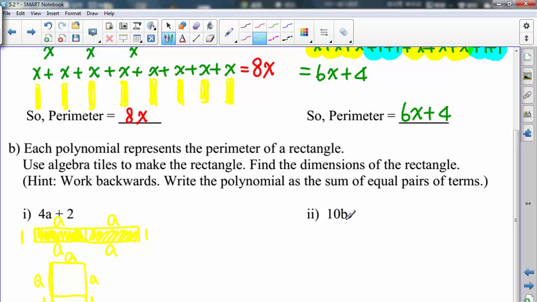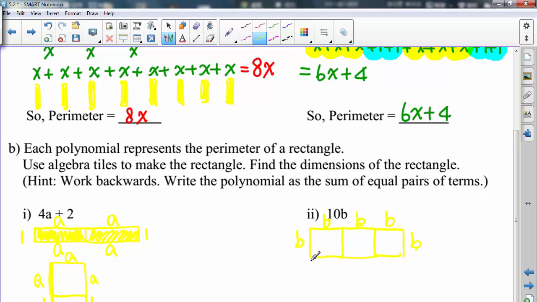Okay, the next one, 10b. For 10b, I find that this rectangle looks like this one. 1b, 1b. Let's use the big yellow squares. And this one, 1b, this one, 1b, 1b. 1b plus 1b plus 1b plus 1b plus 1b, it's 5b.